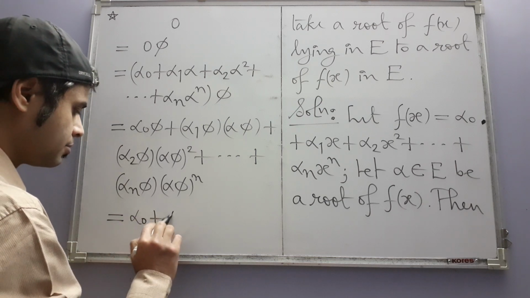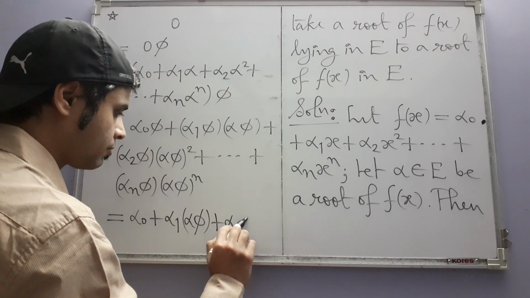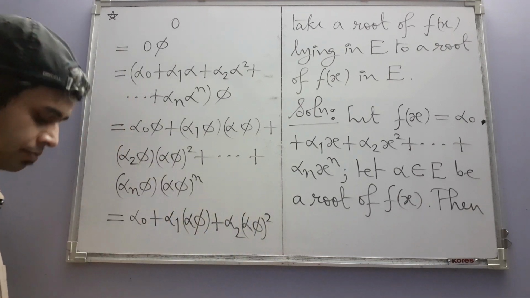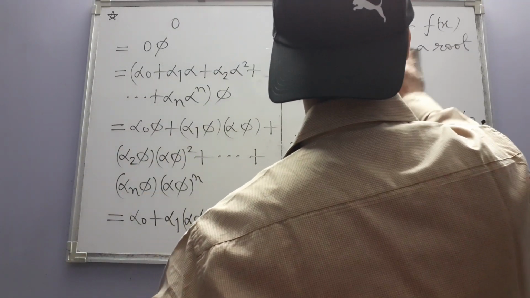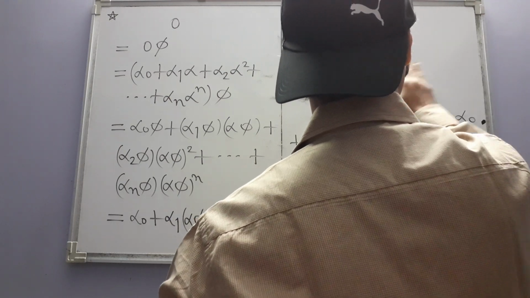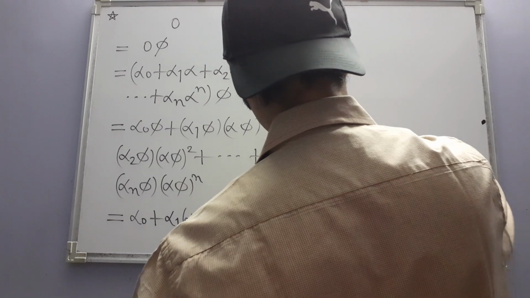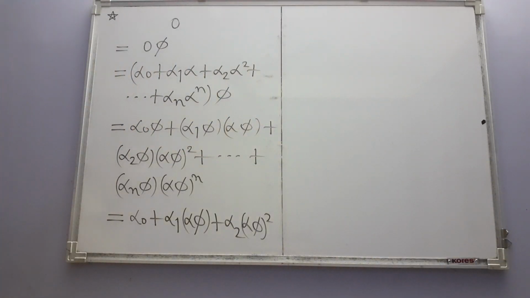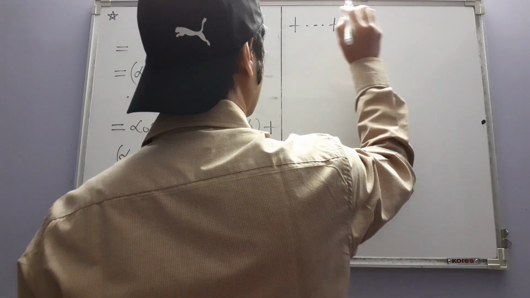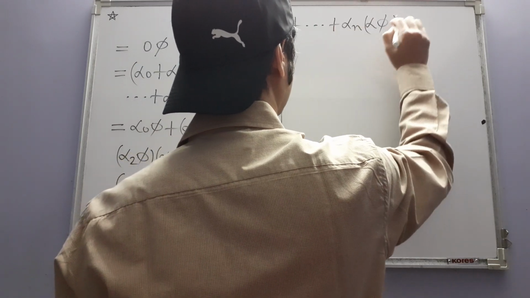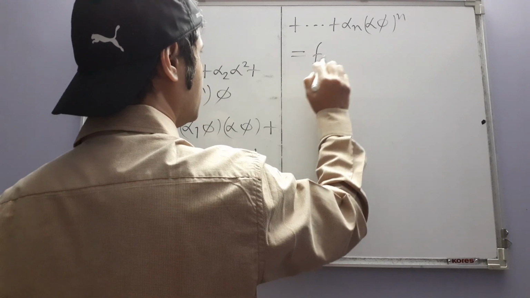So we have something like this: alpha_0 plus alpha_1 alpha phi plus alpha_2 alpha phi squared plus alpha_n alpha phi to the power n, and that is nothing but f of alpha phi.